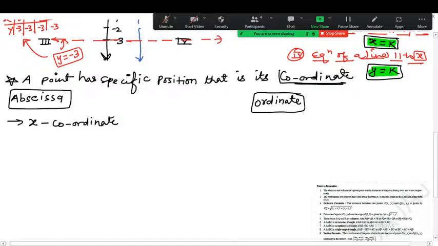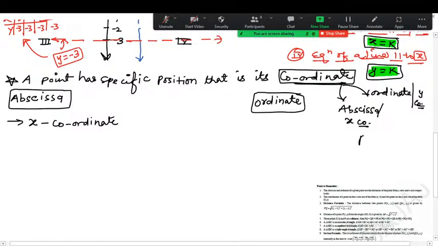These are the specific position of a point. We make use of abscissa, that is the x coordinate, and we make use of ordinate, that is the y coordinate, to represent the specific position of a point.